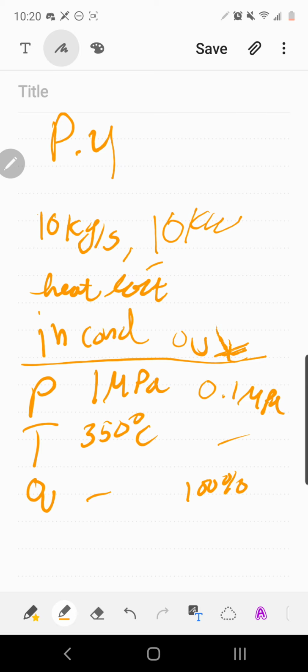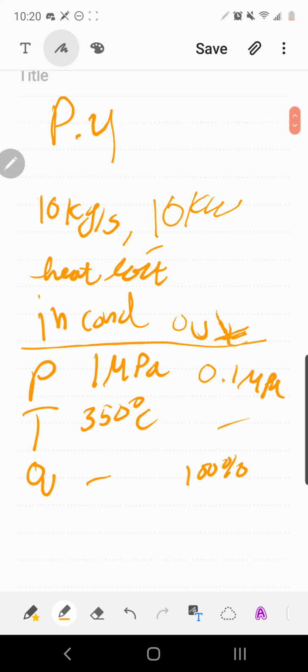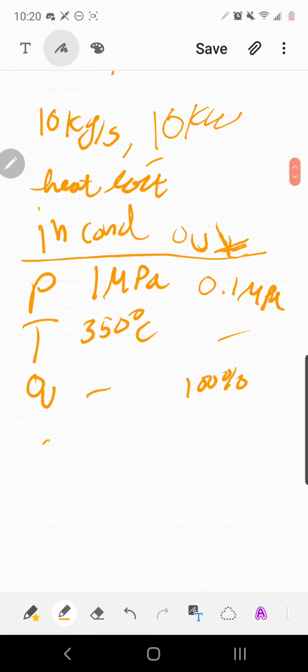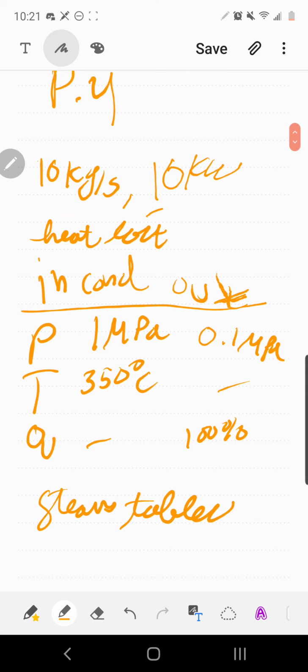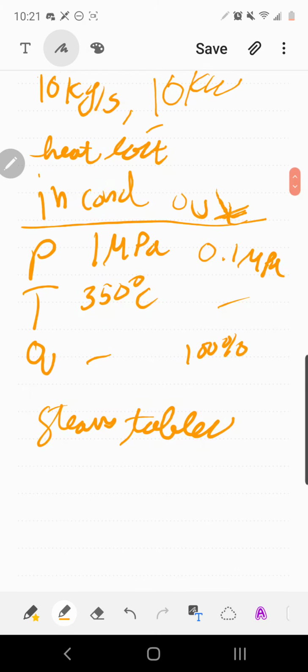We want to find the power output. Okay, we can use the steam tables with this given information for in-out conditions, and we can get what the enthalpy in and the enthalpy out are.